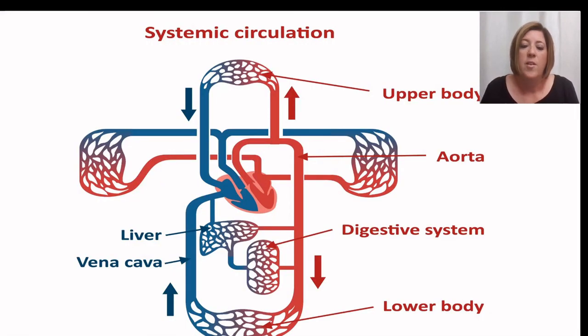So then we have blood going back that now has less oxygen in it because it just delivered the oxygen to the cells, and it has more carbon dioxide because it took that waste product from the cells, goes back up to the right side of the heart, gets pumped to the lungs where it picks up oxygen and gets rid of the CO2. You exhale the CO2 out, and then the oxygenated blood goes back to the left side of the heart to be pumped to the whole body.